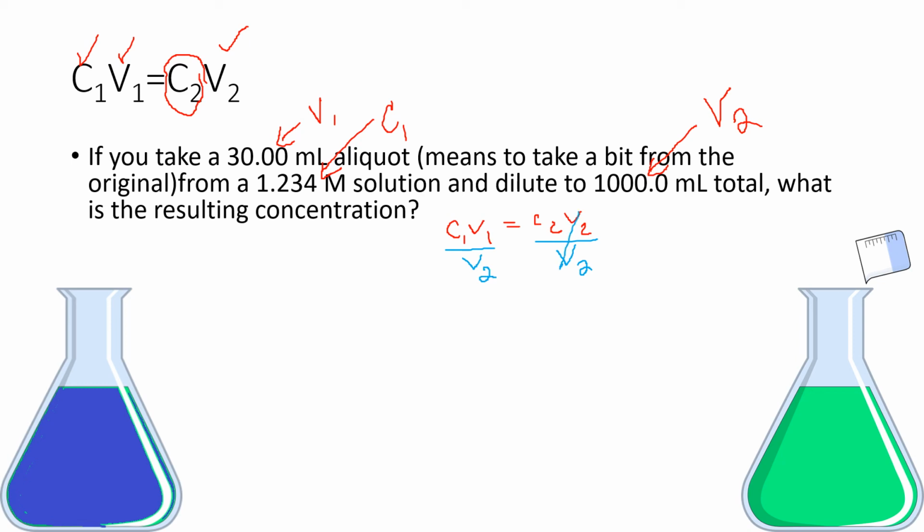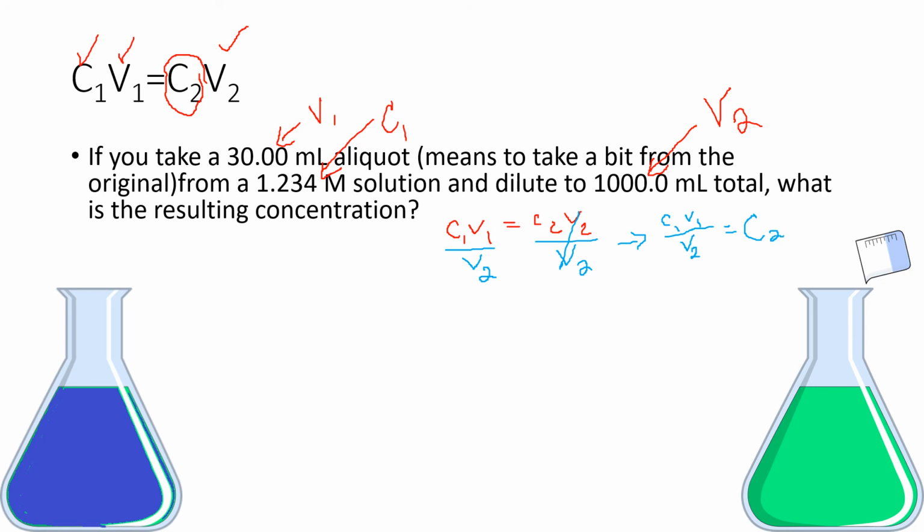So that cancels. That leaves me C1 V1 over V2 equals my target, C2.